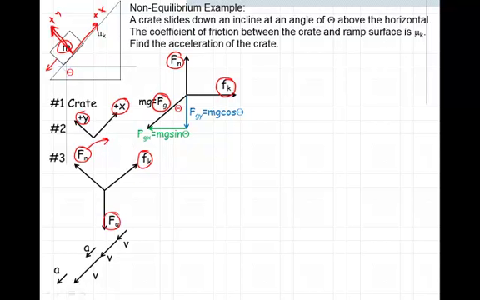And so now we've got two components for the force due to gravity. They are Fgy and Fgx. We're using the cosine for Fgy because it is adjacent to this angle, and the sine because it is opposite the angle.